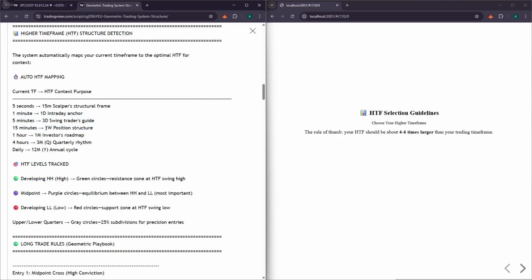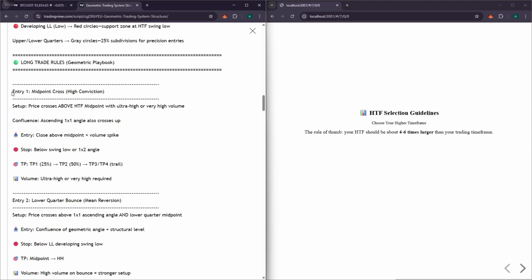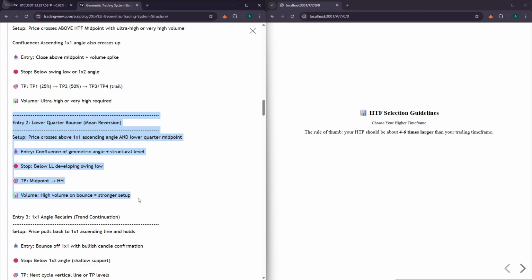For 15 minutes, 1 week highest high, lowest low. For 1 hour, 1 month, and for 4 hour, 3 months, quarterly. Daily is 12 months, sorry, yearly context. Okay, you can read about what those levels are, as you can see here, and there are also some trade rules for you to go and look into.